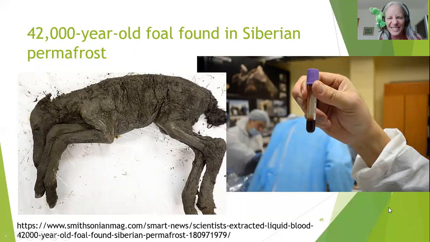Isn't that amazing? So even though it had been there for 42,000 years, they think about it, even if it's been there for 100 years, you wouldn't expect it to have any liquid blood. So, I mean, even if you're a young Earth creationist and you think the Earth is only 6,000 years old, it's still amazing that they found this liquid blood in this baby horse.